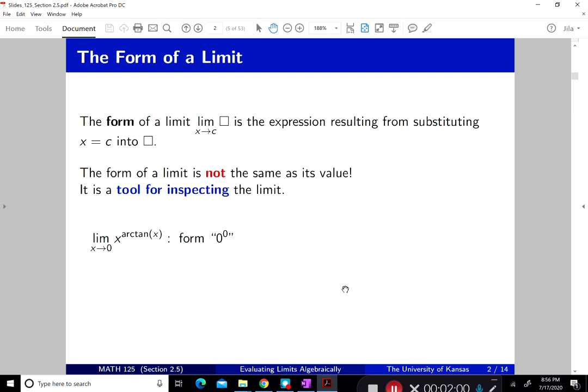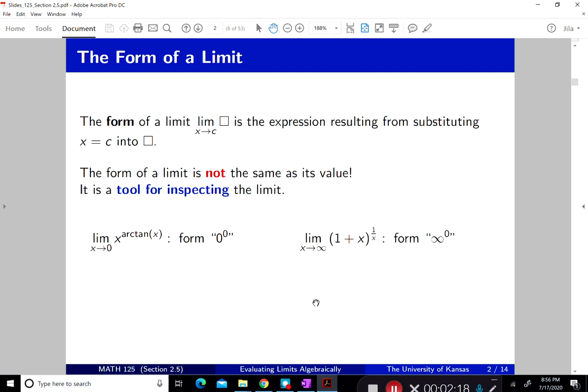And so, for example, the limit as x approaches 0 of x to the power arctangent of x is of the form, if you plug in 0 in here and 0 in there, you get 0 to the power 0. That's not a number, it's an indeterminate form.